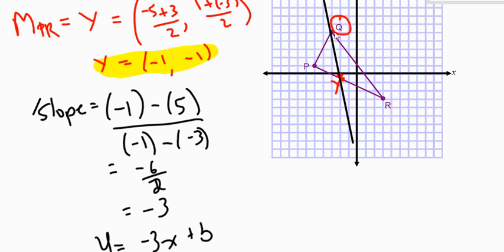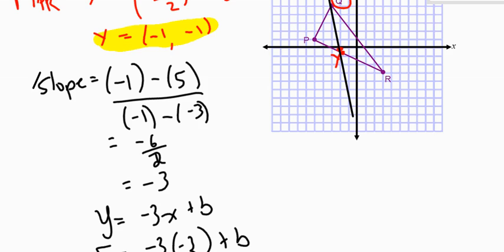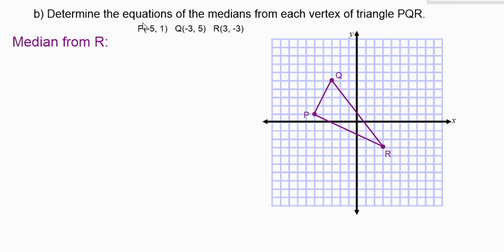And again, if I look on my graph, I can see it's negative and so on. So it looks pretty good. So one more to go. Now I need to find the equation of the median from R. So here's R. It's going to be a line that connects R to some midpoint over here.